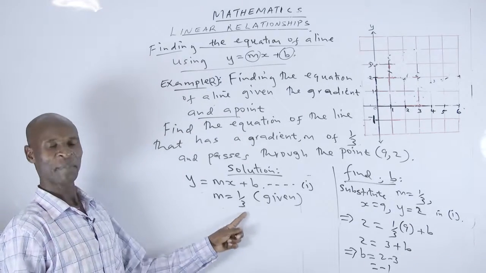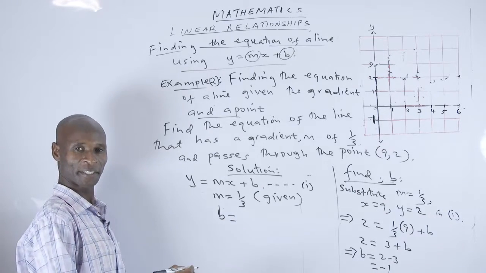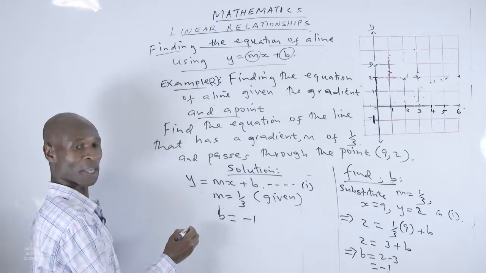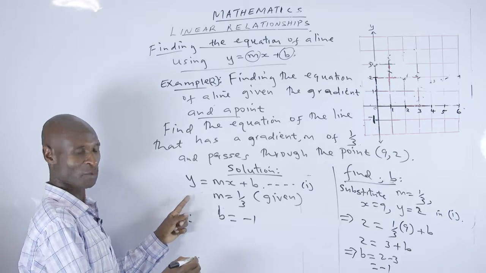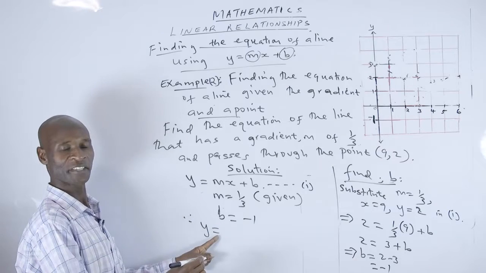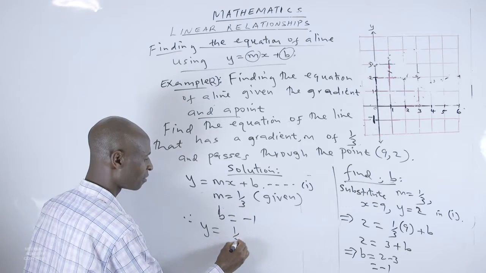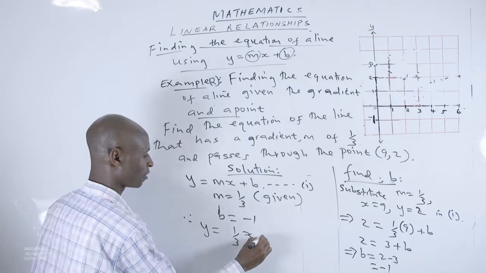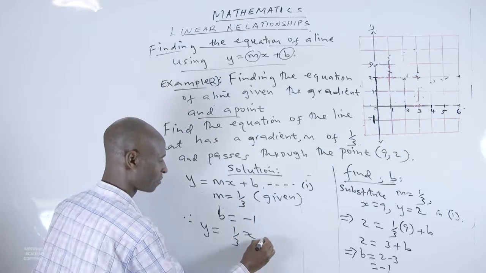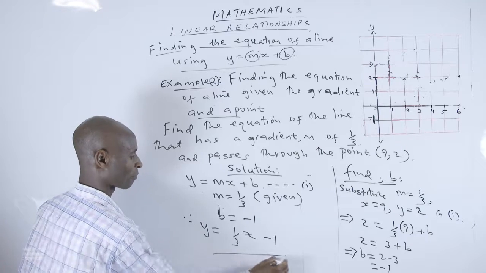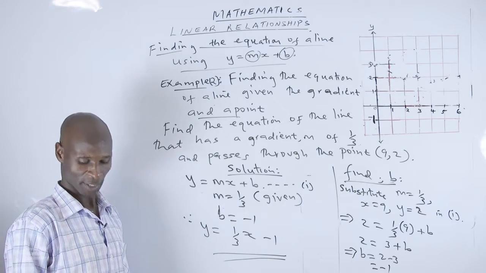So we have m is a third and b, which we have calculated as negative 1. Therefore, the equation of that line will be y is equal to, we now replace where there is m with a third, x, then where there is b with the negative 1. And that becomes our equation for that particular straight line.